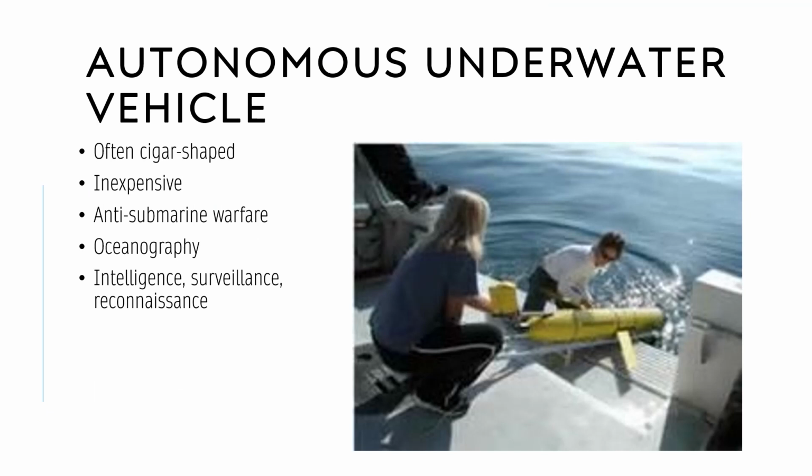So let's get some help. We're going to get some help from an autonomous underwater vehicle. These things are inexpensive. They're often used for mapping the floor of the Black Sea. They're used for intelligence and surveillance and reconnaissance.